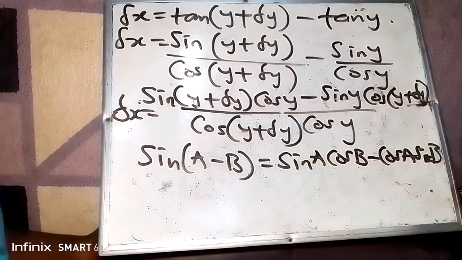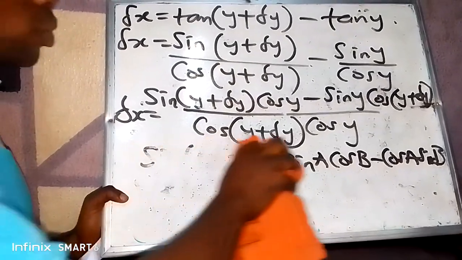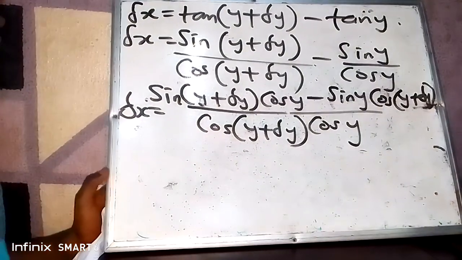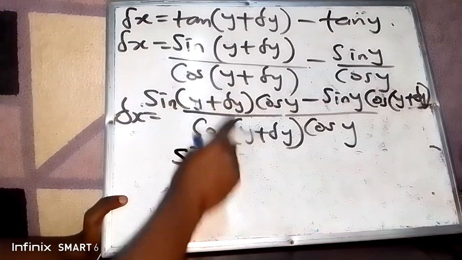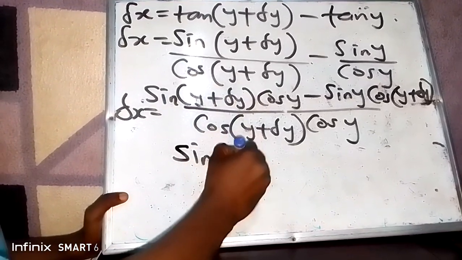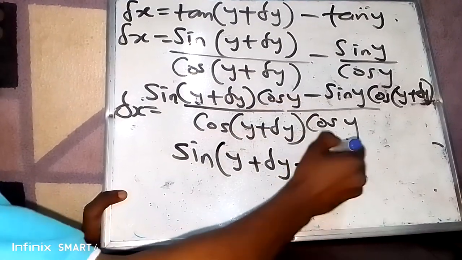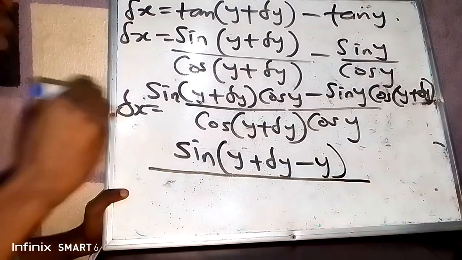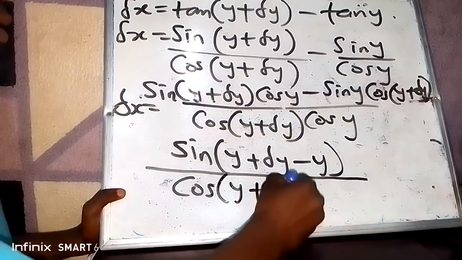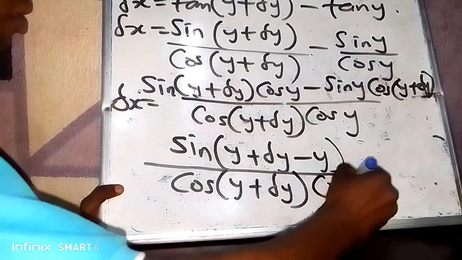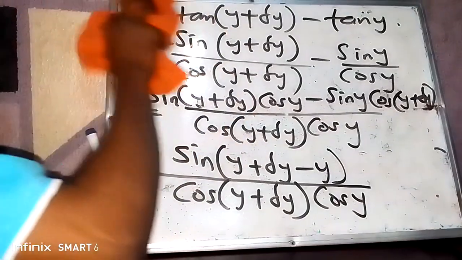With a minus, that means this is actually sine of a minus b. So I can just say sine of y plus dy minus y, all over cos of y plus dy, cos y. Very simple.